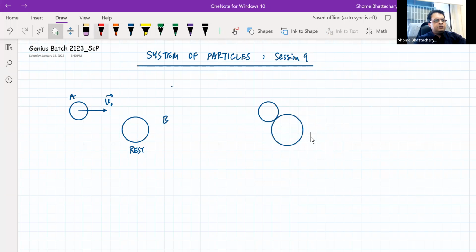It will be the normal line, which is basically the center-to-center line, because the plane of impact will be the tangent plane. So for round objects, the center-to-center line becomes the line of impact, and the collision impulses act along it.